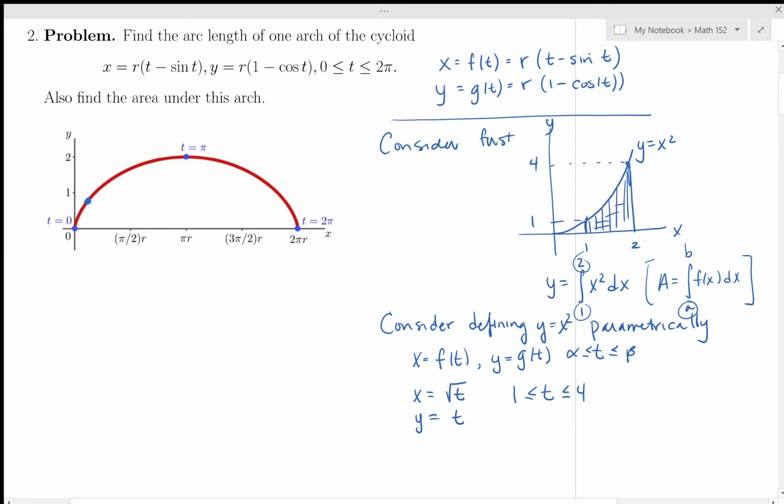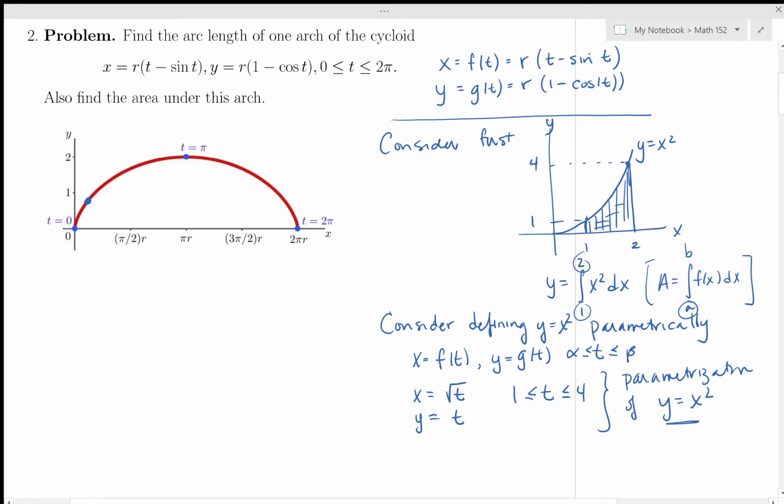Okay, so this right here is a parameterization of y equals x squared.